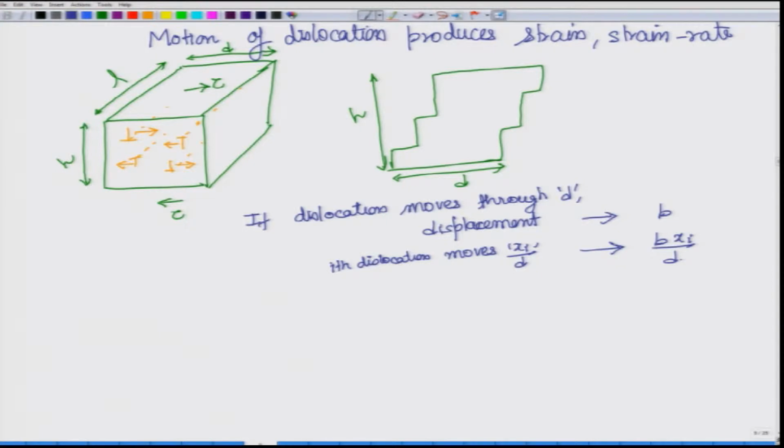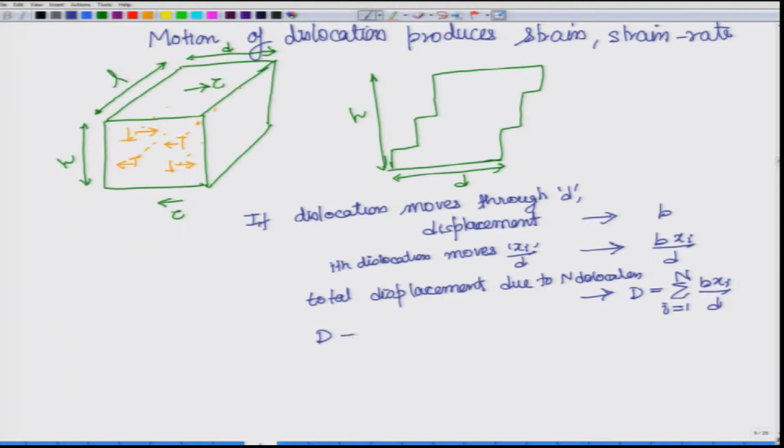Now, if there are n dislocations, the total displacement due to n dislocations can be given by d equal to summation of b xi by d, where i goes from 1 to n. Here b and d are constant, so it becomes b over d times the summation of xi, i equal to 1 to n.